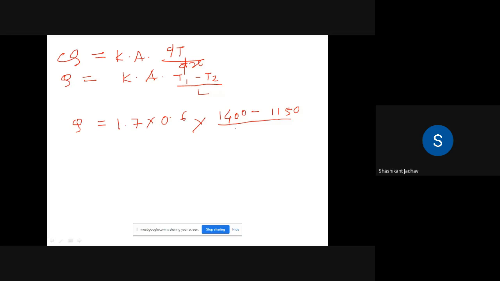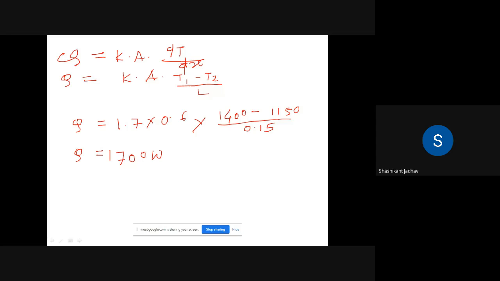The thickness is given 0.15. So from this calculation, what is the answer of Q? 1700 watt. Okay. Those who are remaining, write down the equation and write down the answer.